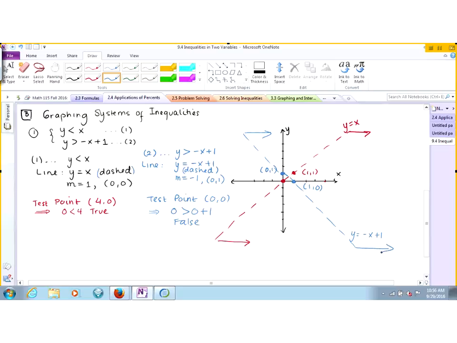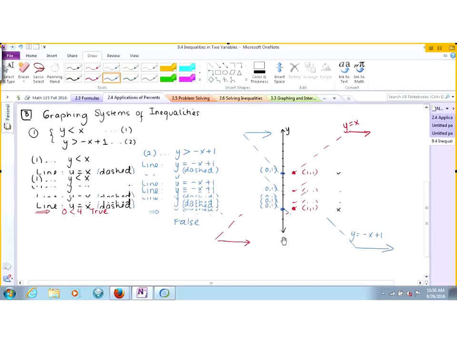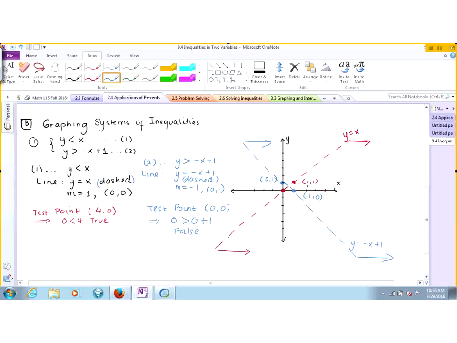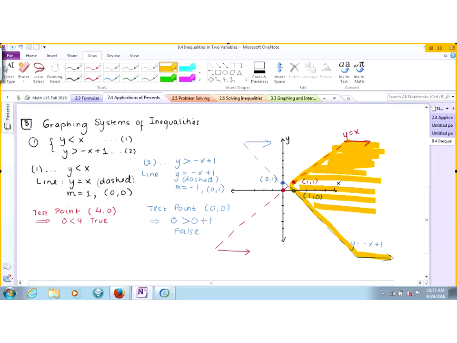Okay. Now, which one is the intersection? The red one says it's down here. The blue one says, so which one is the intersection? This one right here? Yeah, okay, so that's what we're going to shade. So this part, right? So this is what we're shading.